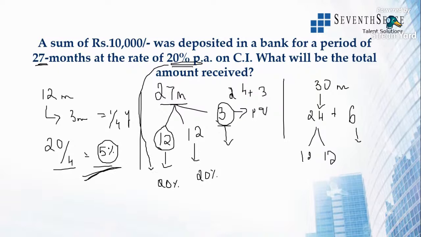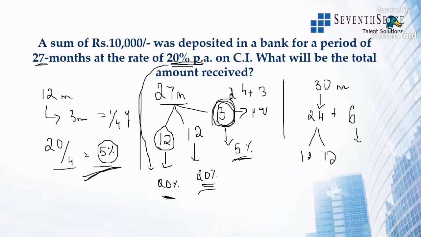So the rate of interest here is per annum, and we just have to apply the rate of interest on a per quarter basis for the third part. The third phase is 5%. If you understand this, then you can easily get the answer. So the answer is 20% for the first phase, 20% for the second phase and 5% for the third phase.